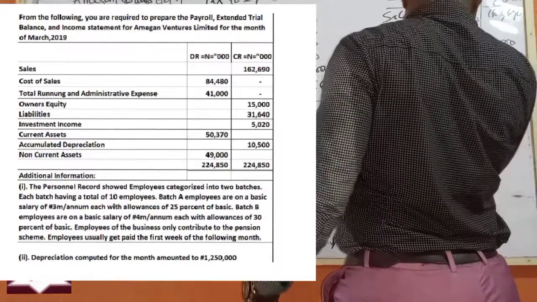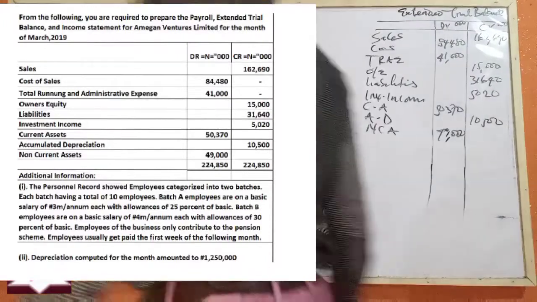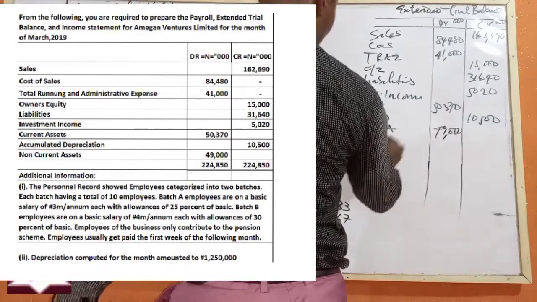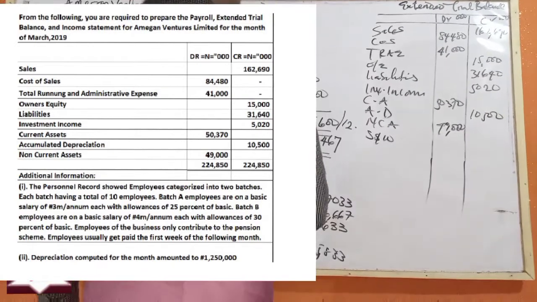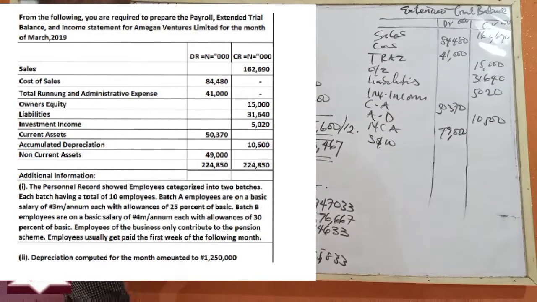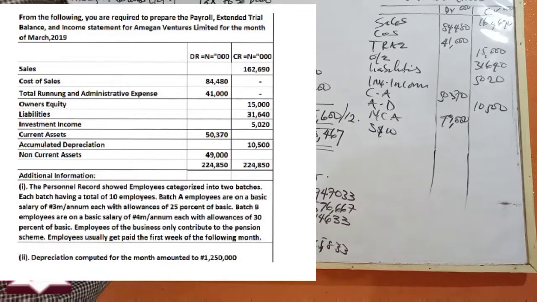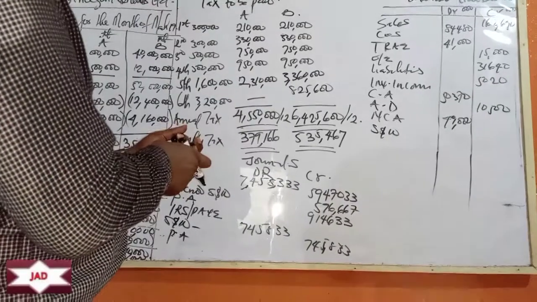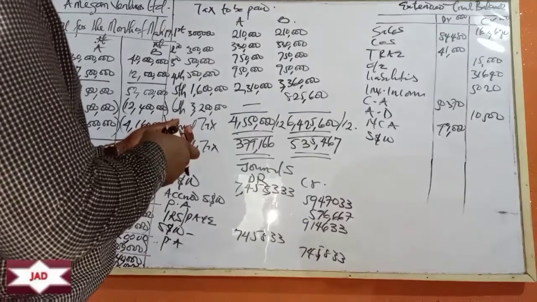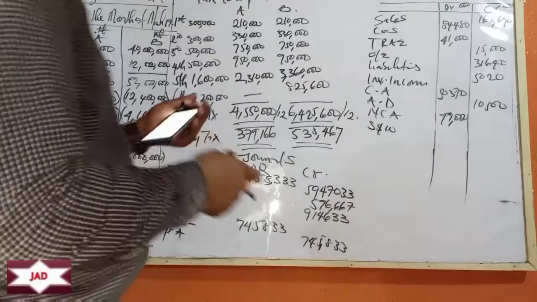So what are the new items coming in? From here now, salaries and wages is coming in, 7,458,333 divided by 1,000.